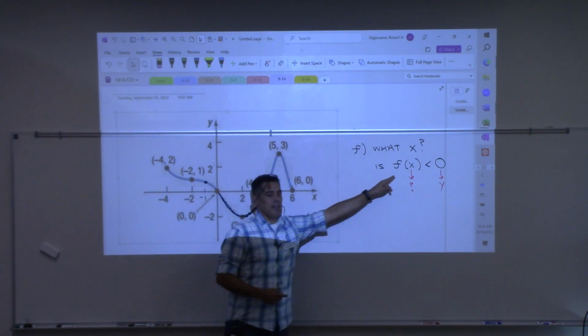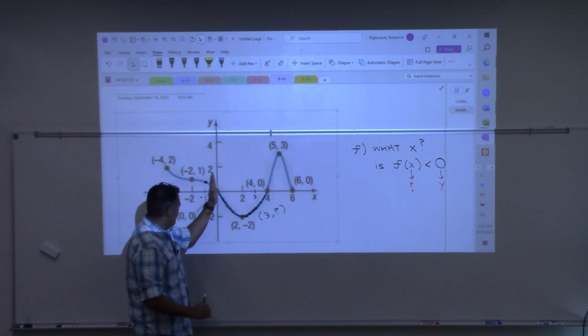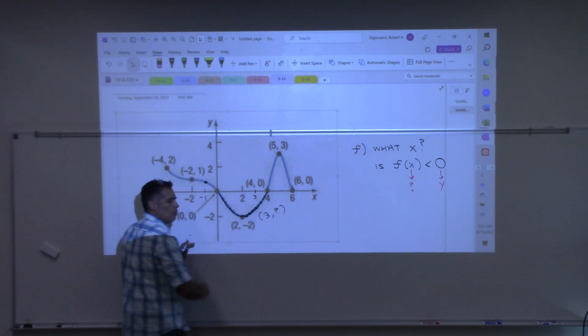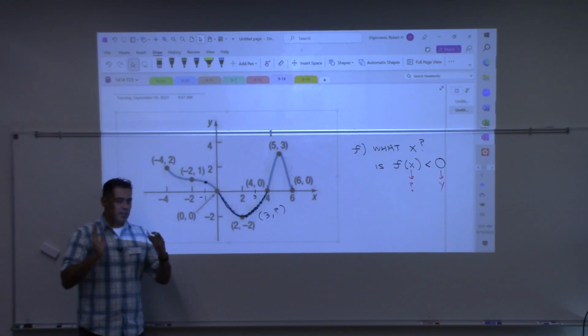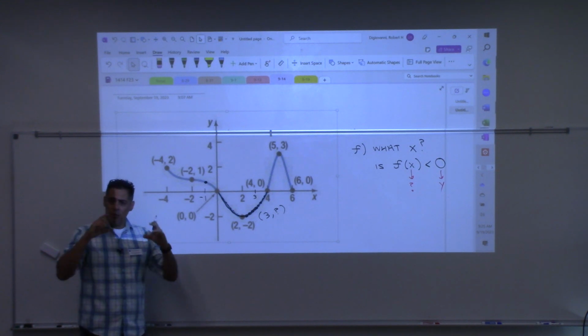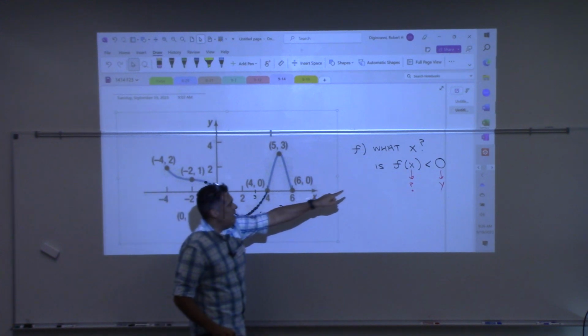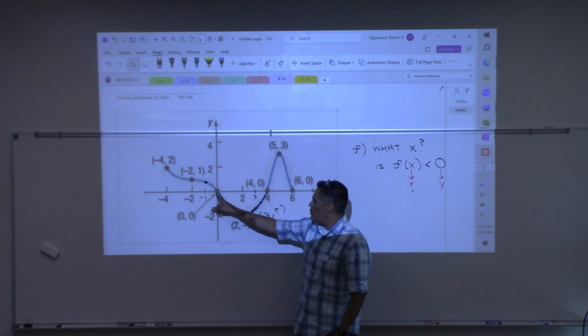So how do I tell you that it's all the x's between here and here? Because remember, we're asking for the x's where the y is below. So how do I say everything between 0 and 4? I use an interval, right? 0 to 4. Now, do I want to include the endpoints? This says we have to be strictly less than 0, right? What's happening at the endpoints?